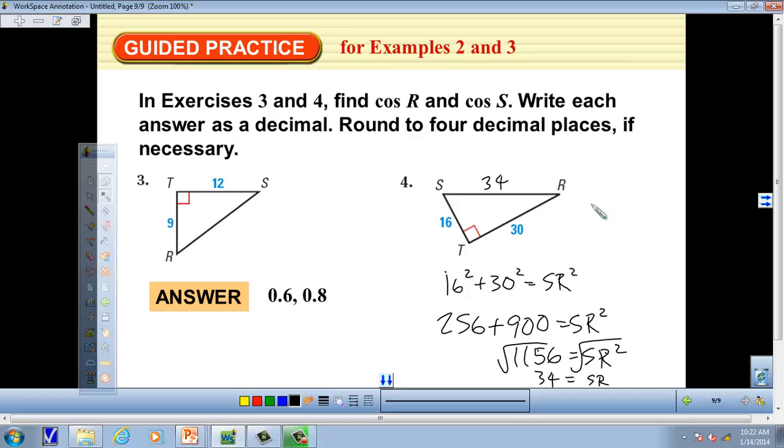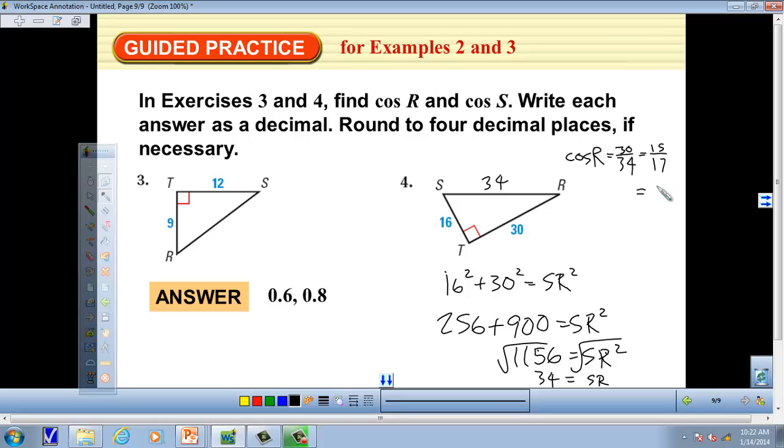Now we can do cosine of R. So for R, adjacent to R is RT, so that's 30 over 34. And dividing both of those by 2, we get 15 and 17.